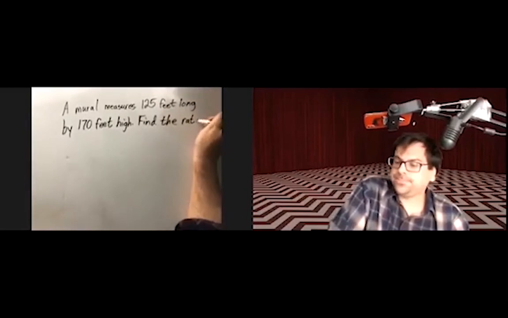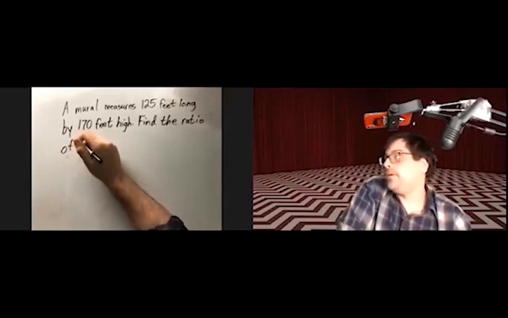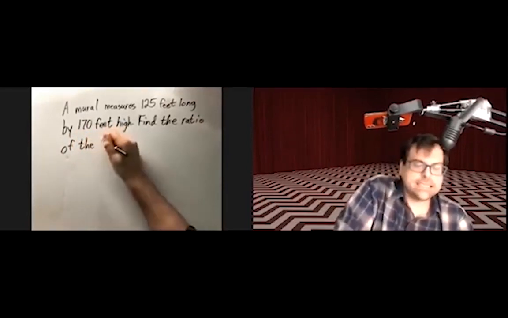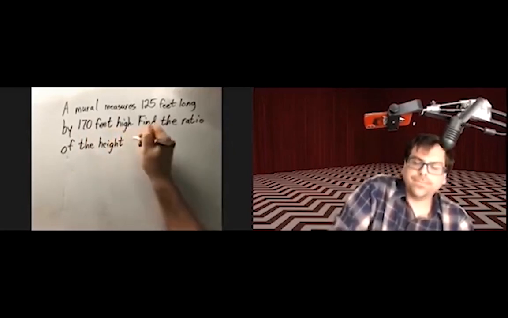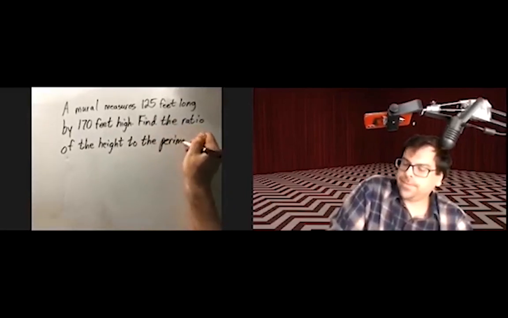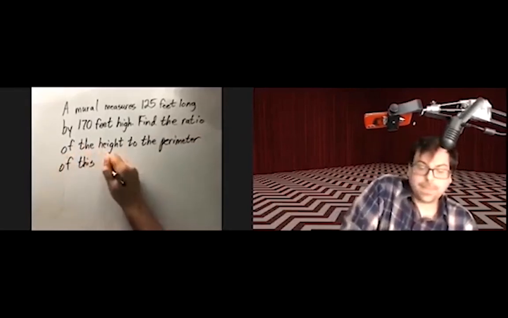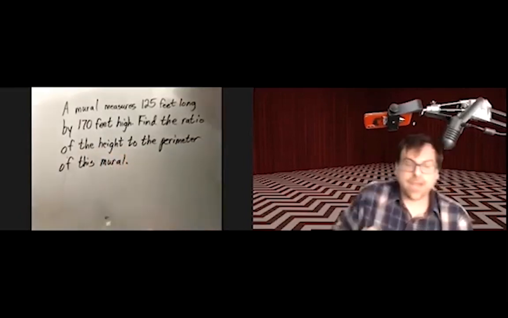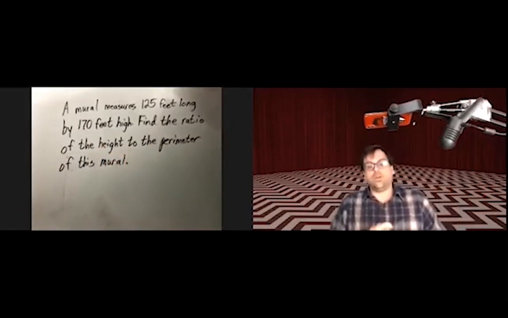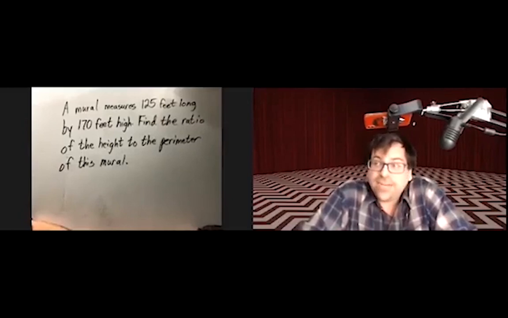Find the ratio of the height to the perimeter of this mural. While you're copying, I'll read it again. A mural measures 125 feet long by 170 feet high. Find the ratio of the height to the perimeter of this mural.